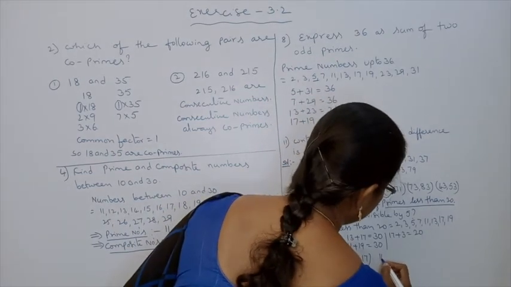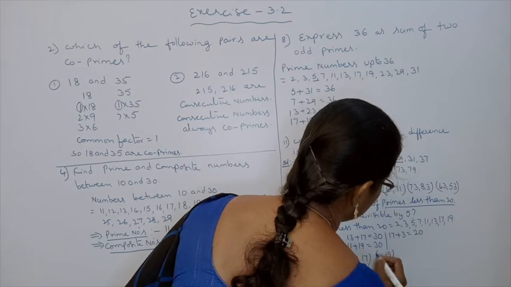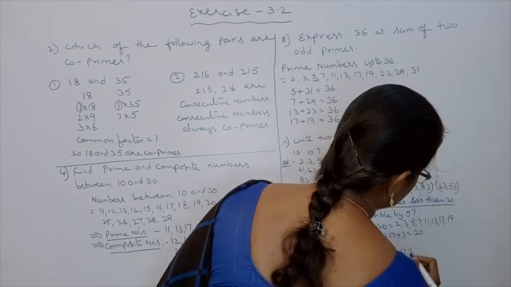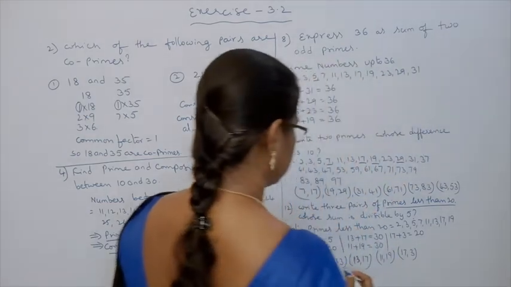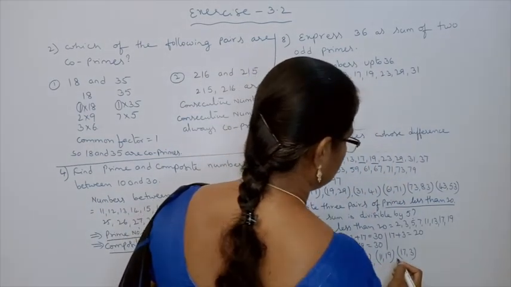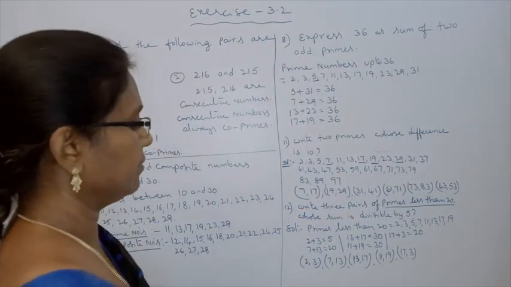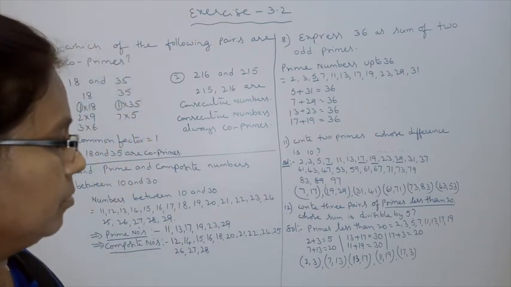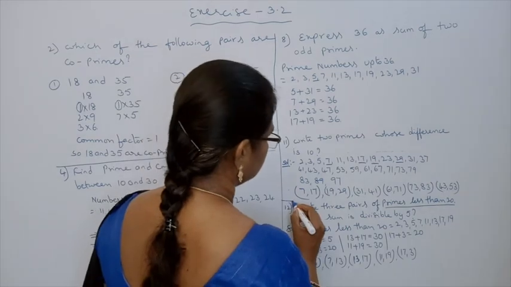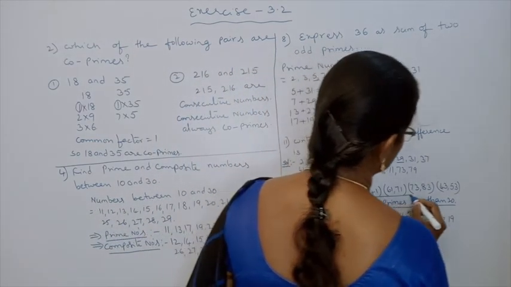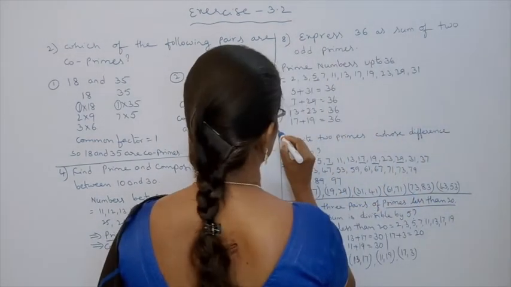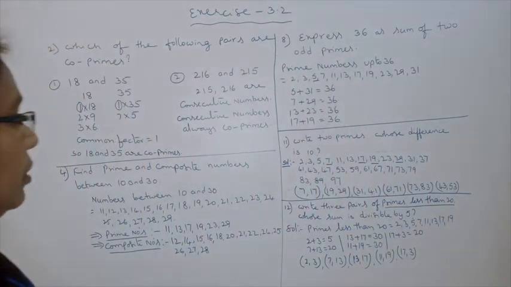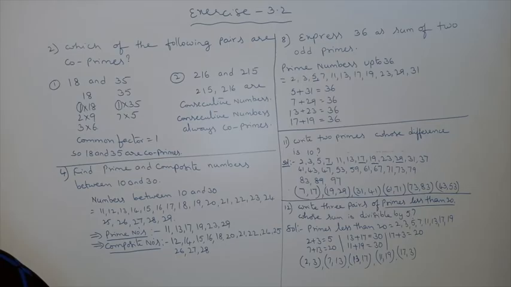Next, 11, 19: 30, divisible by 5. 17, 3: 20, divisible by 5. How many pairs did we get? 5 pairs: 2 and 3, 7 and 13, 13 and 17, 11 and 19, and 17 and 3. Now this is the exercise 3.2.